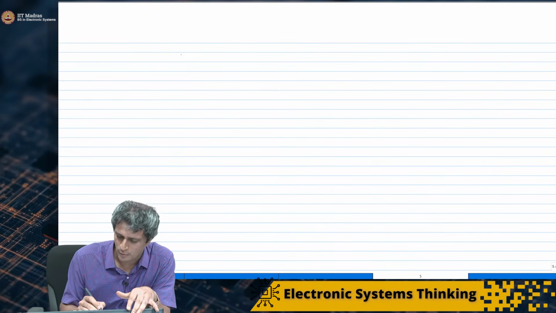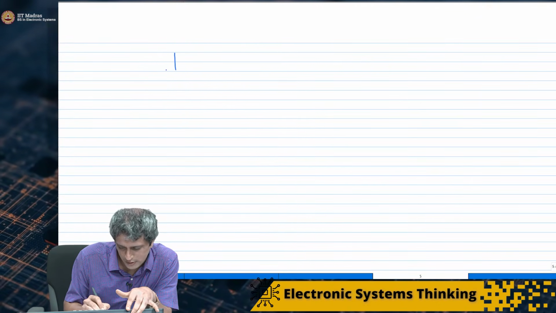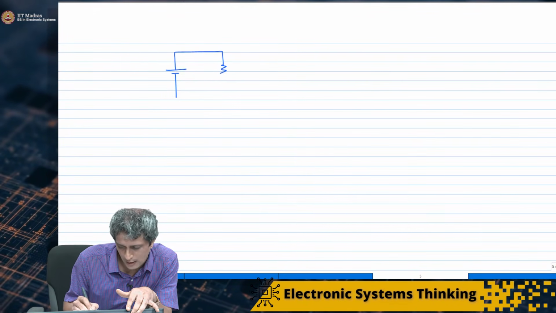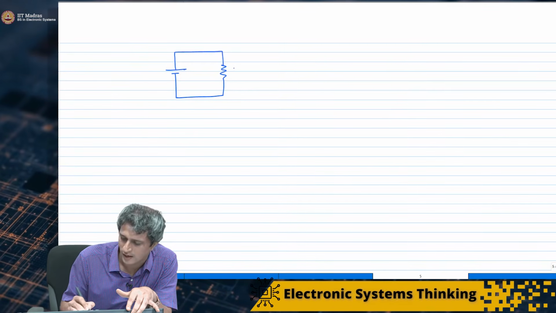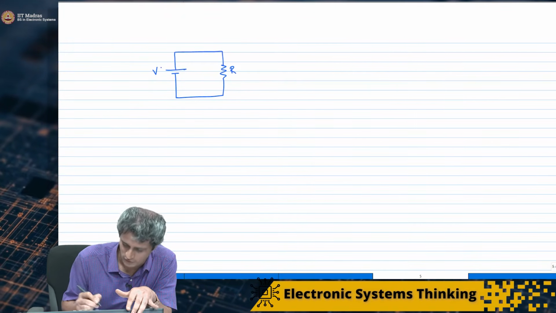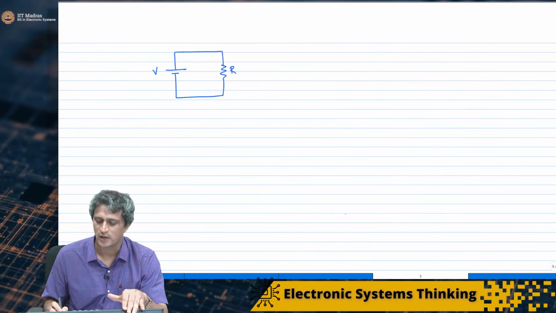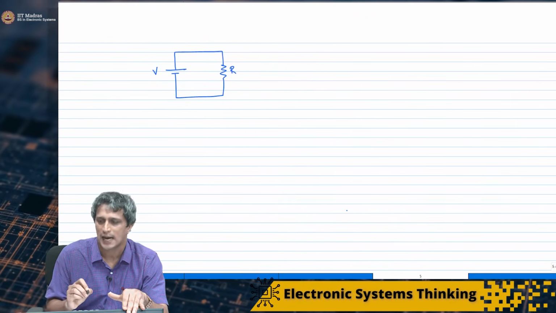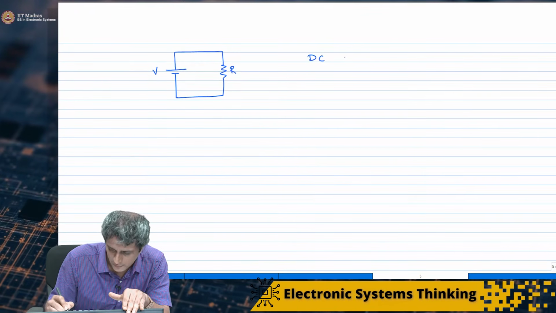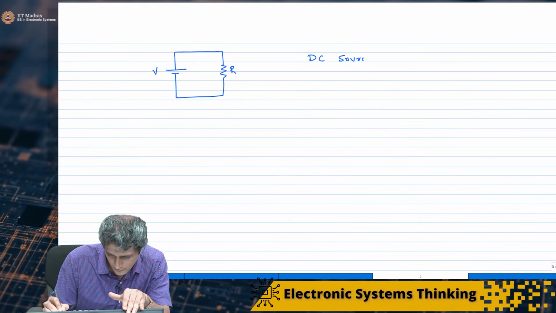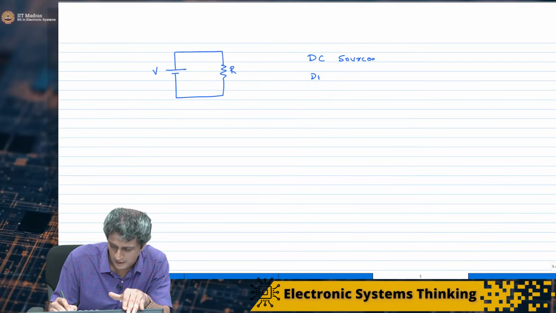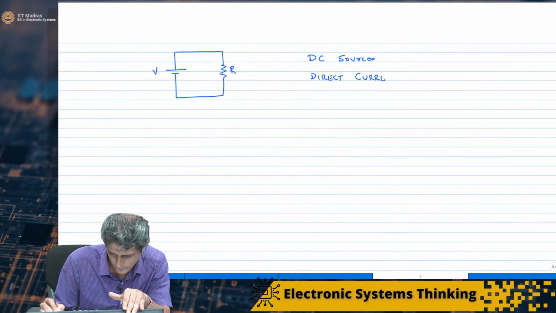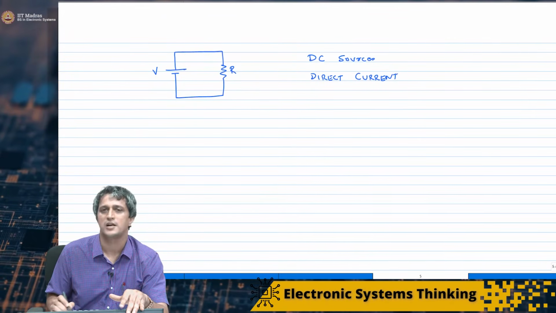So moving on from here, what we did after this was to look at a source and look at a resistor. This was V. One important thing we have done till now is that we have been looking only at DC sources, which is direct current. What does a DC source mean?